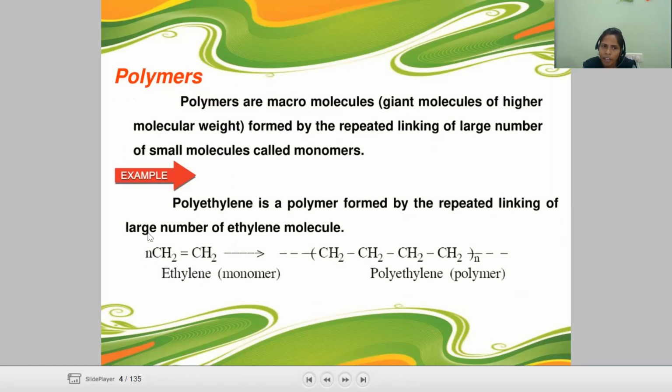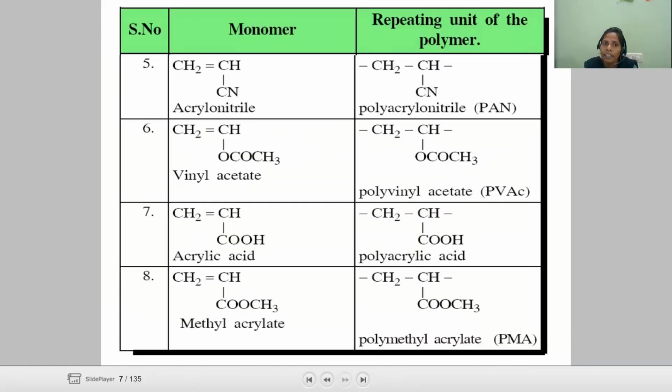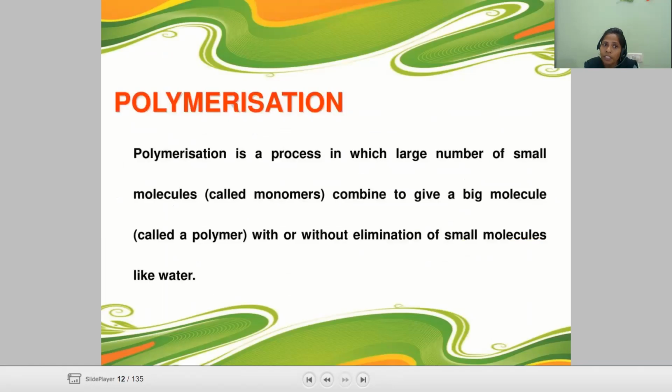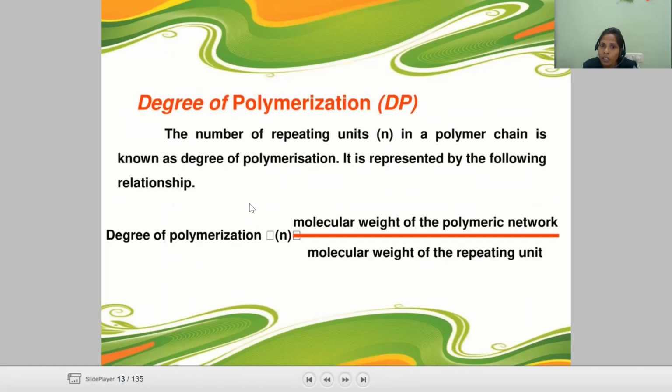Maybe it is repeating 5 times, or 6 times, or 10 times, or 100 times, or 200 times. That n is called the degree of polymerization. The n will be an integer.